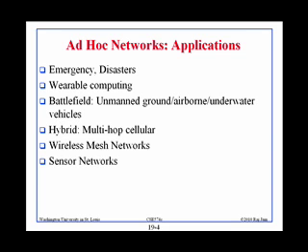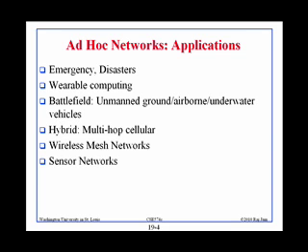Hybrid. In many applications, we use both ad hoc and infrastructure based together. The cell tower is there, but it cannot reach that distant area. So you will get as far as you can using the cell tower, and then you will go ad hoc. So that's a hybrid communication. Mesh networks and sensor networks.